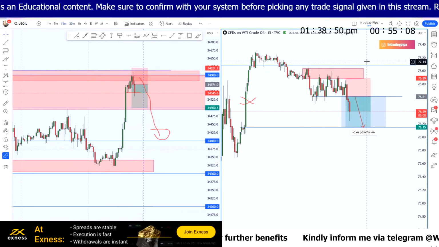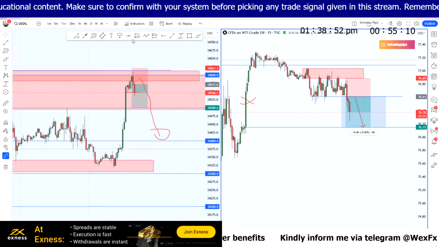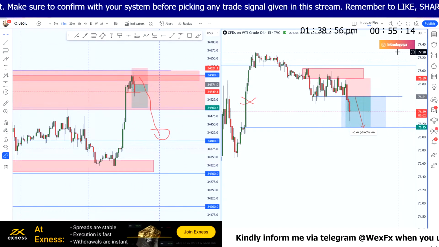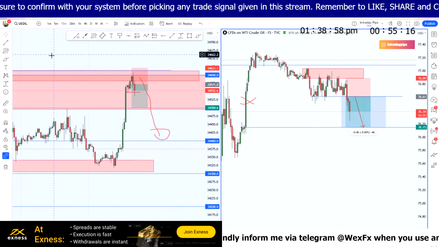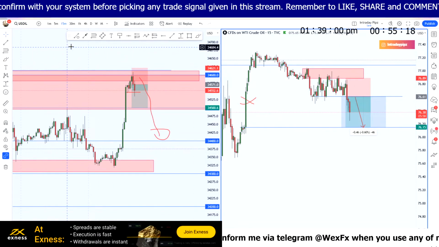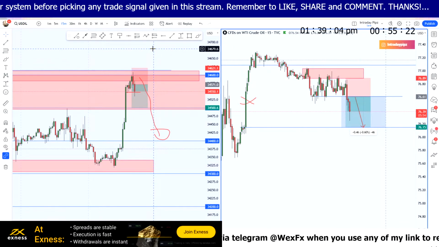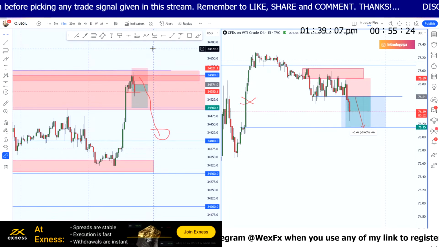So for example, Usoil did about, I think, 30 pips. So imagine you went in with 10 lot, depending on the broker, that would be about $3,000. That is massive. Same thing applies to US30.